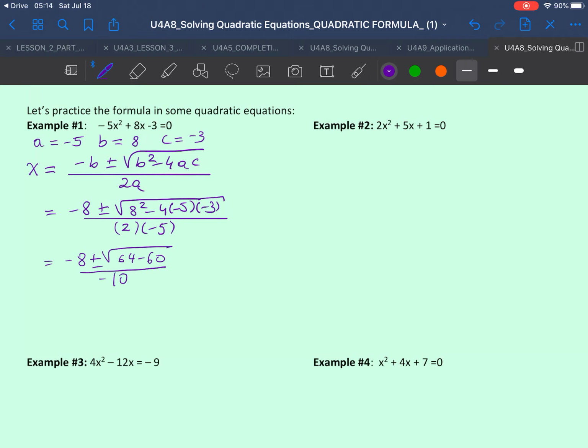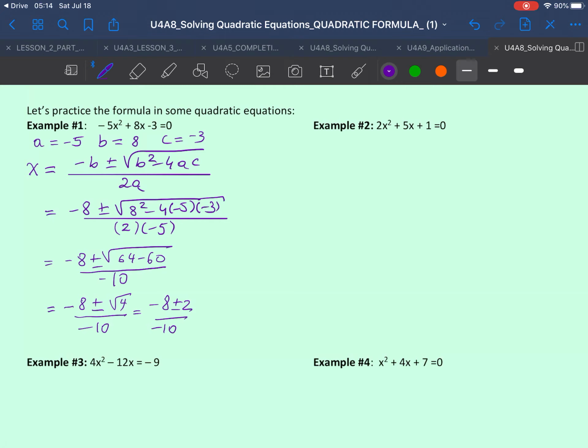Obviously, you can simplify or evaluate this much more quickly by using a calculator, but I always like to challenge myself a little. So negative 8 plus or minus, remember you have the root of 4 there, right? Totally unnecessary to write it in case you're wondering, but negative 8 plus or minus 2 over negative 10.